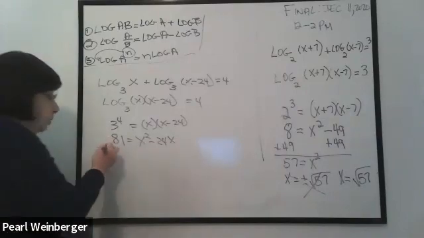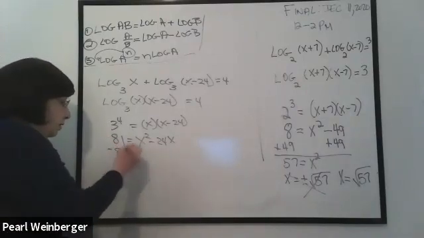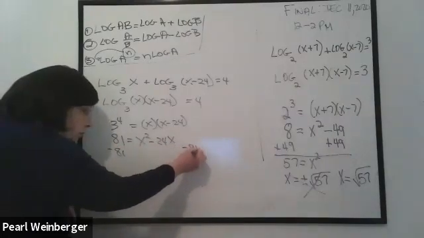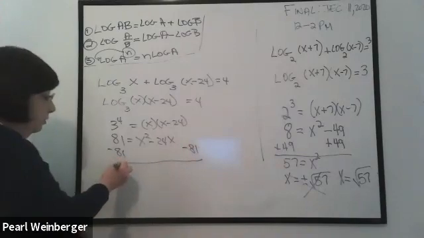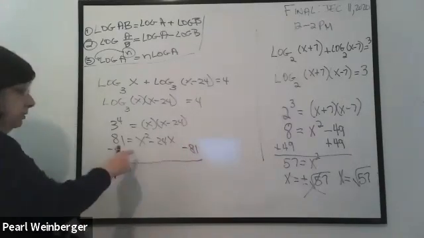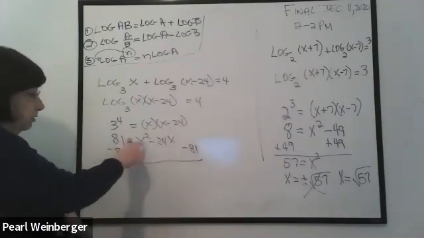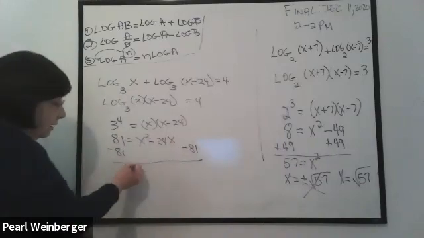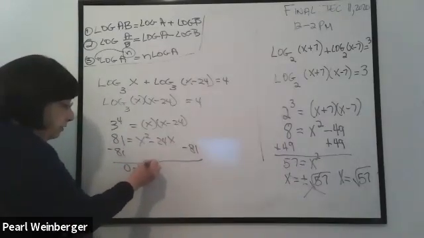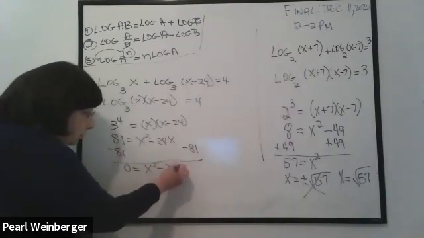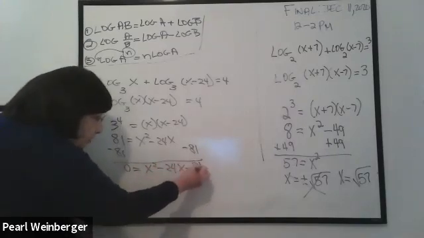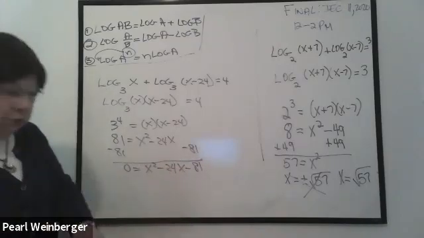So I'm going to subtract 81 from both sides. And this will give me 0, because it's easier just to go this way than to bring everything to this side. It gives me x squared minus 24x minus 81.